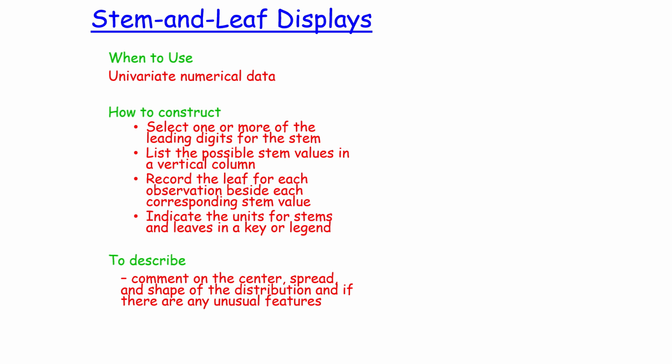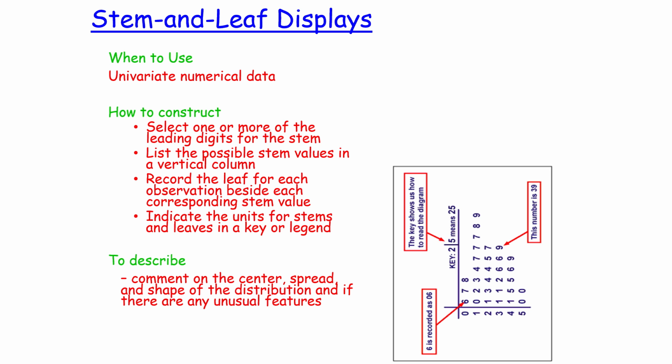Notice that if we take our stem and leaf plot and turn it on its side, it's very similar to a histogram. Okay, so we can use that to help us.